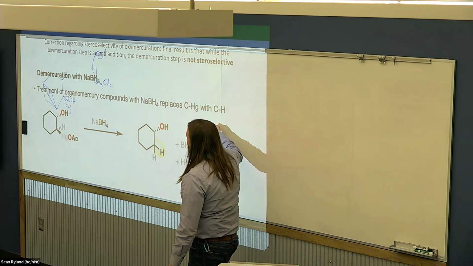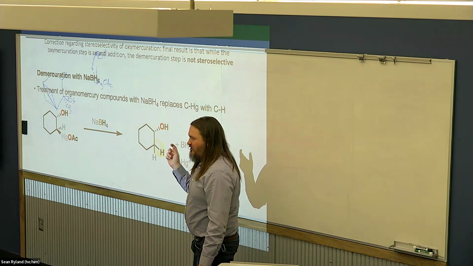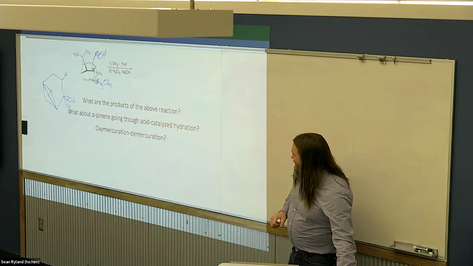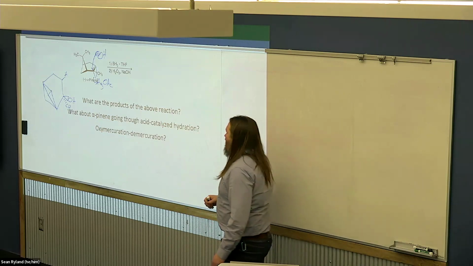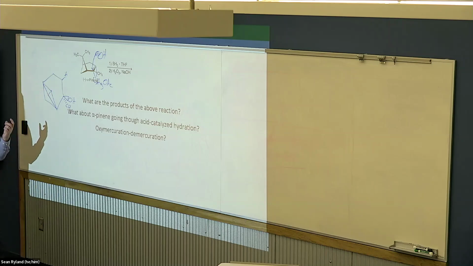I love that they put in the fringe cases. In cases of extreme steric hindrance, you can actually get the oxygen and the mercury to go through a syn addition. So it's stereoselective, not stereospecific.